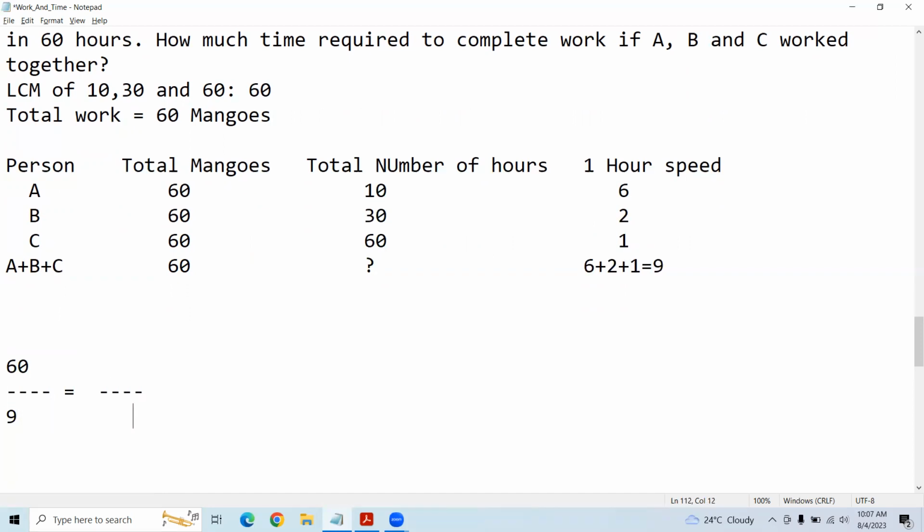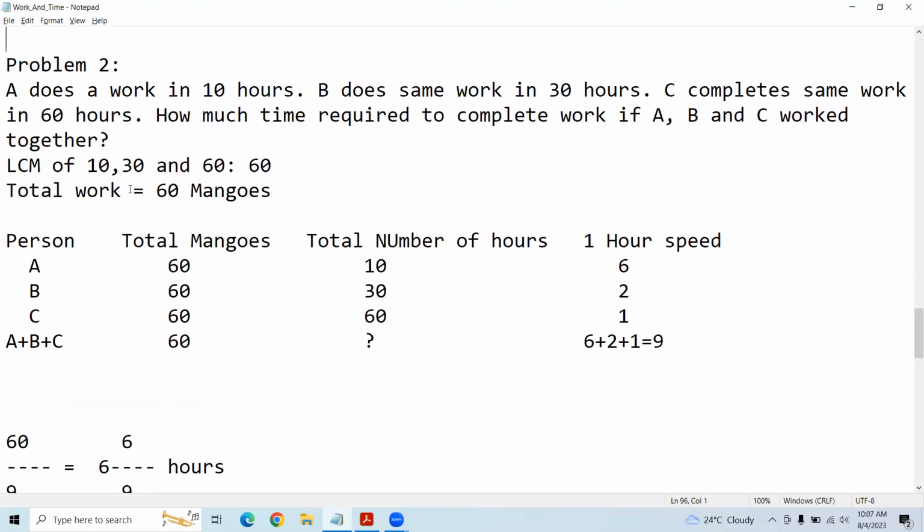You can show it as a mixed fraction. So 60 by 9 hours they will need to complete this work, or eat these 60 mangoes.